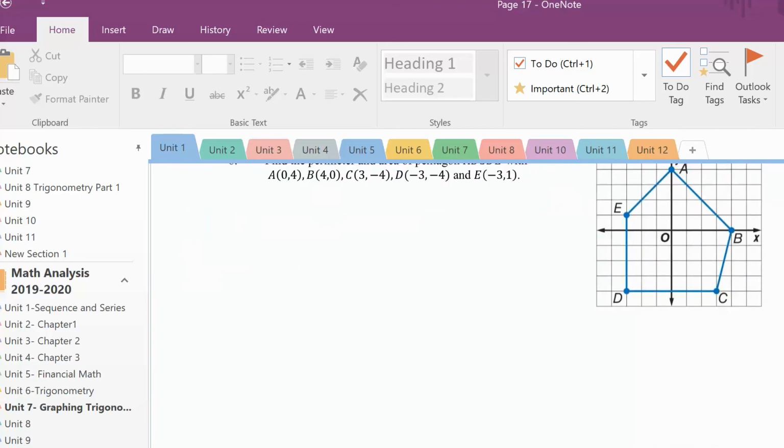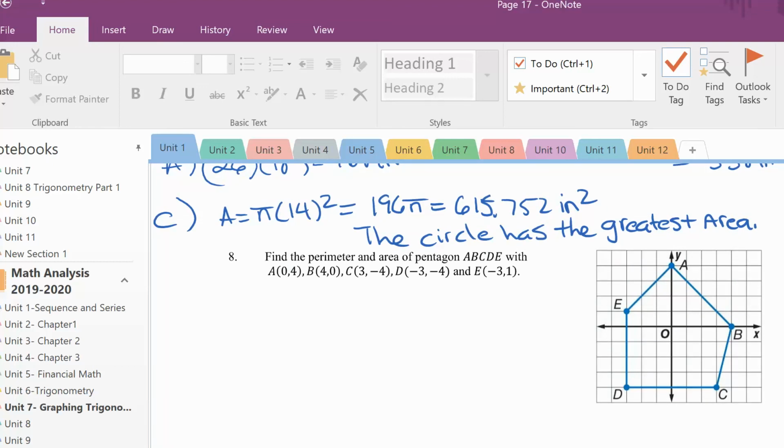Last, if you look at the picture, it says find the perimeter and area of the Pentagon and it gives you the points. Now remember, to find the length of the side, you have to use the distance formula.